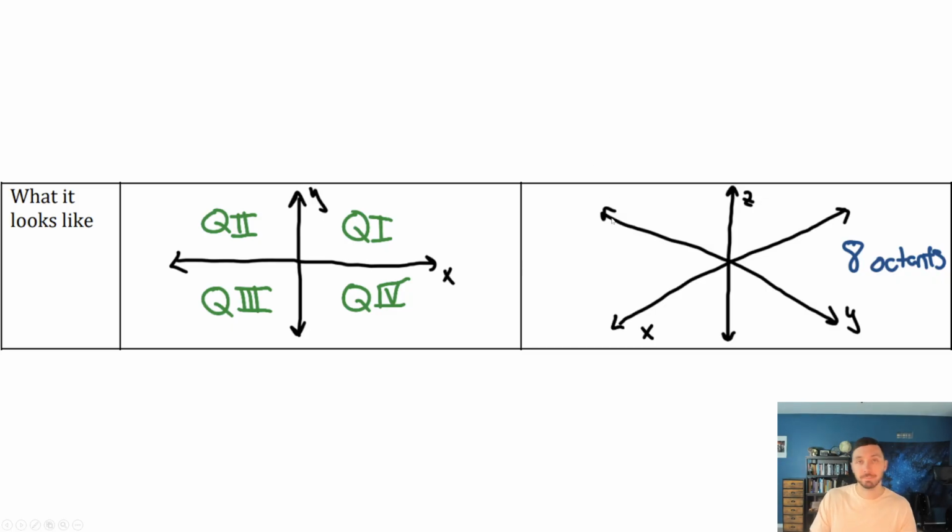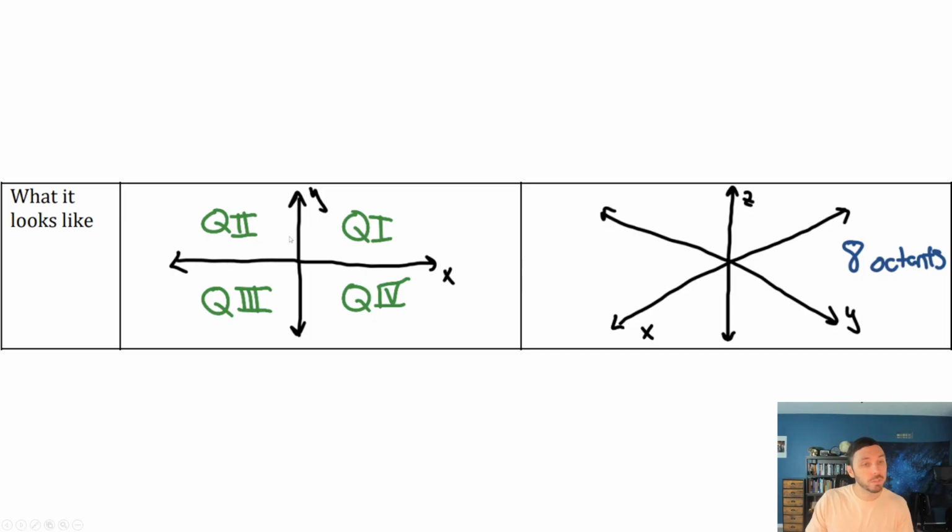What it looks like. Okay, so we're used to looking in R2, we're looking at the XY plane. Now we're looking at 3 axes, right? They all meet at still the origin, 0, 0, 0 now. And it's just an addition of a z axis. If we were looking on a whiteboard, the XY plane, I generally like to take my marker and stick it right here, and I say, whoa, entering space.